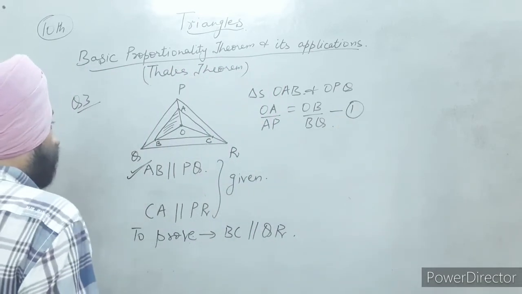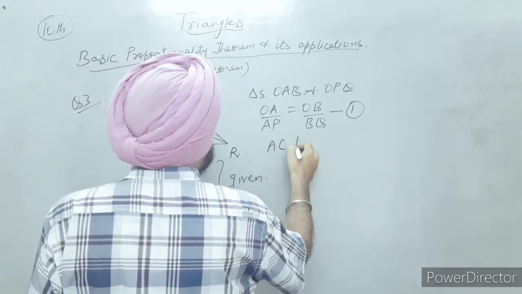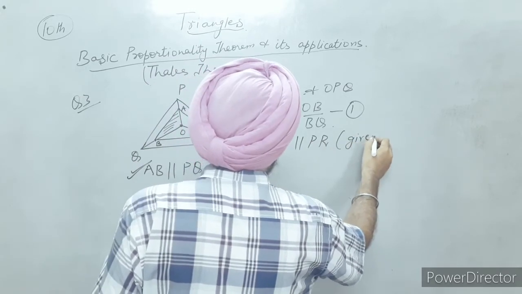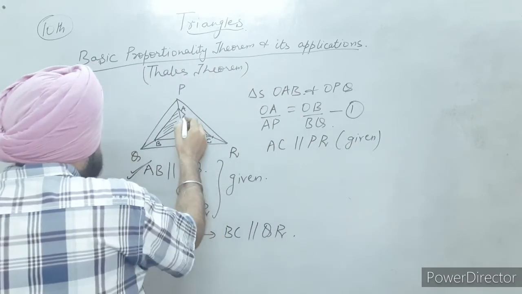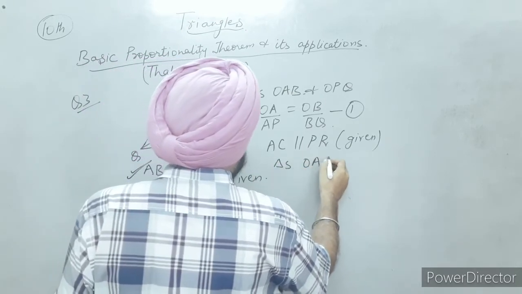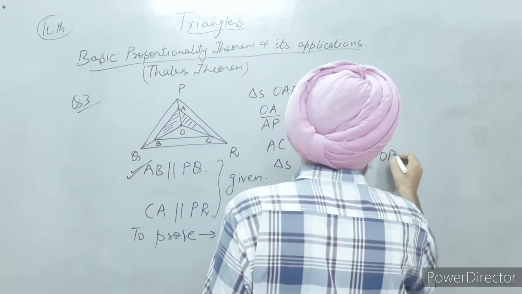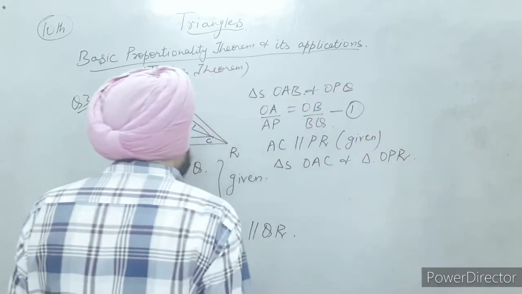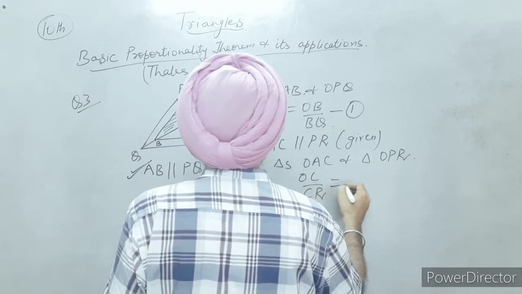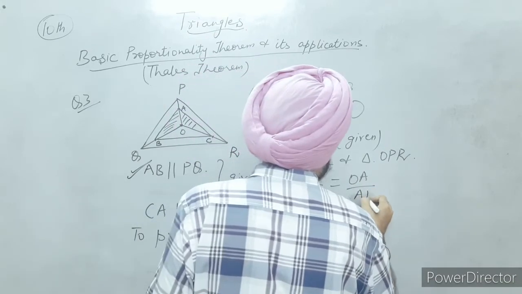Now, in the second case, AC is parallel to PR. This is given. Now I take triangle OAC and triangle OPR. OC upon CR is equal to OA upon AP.